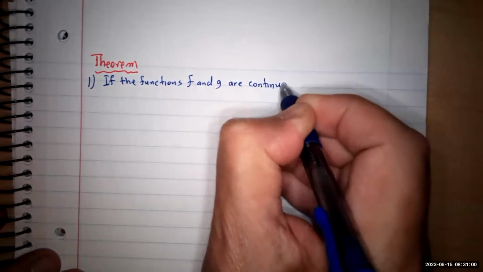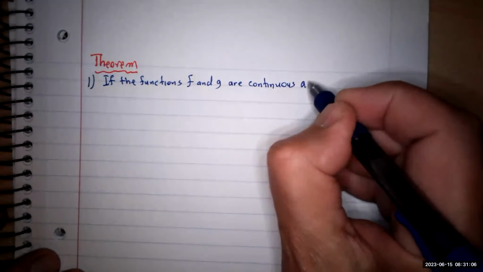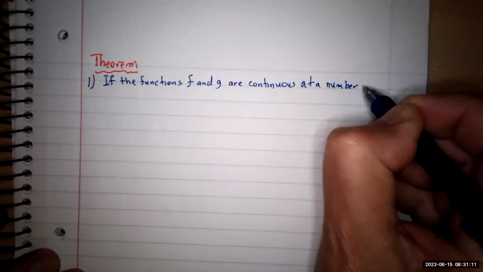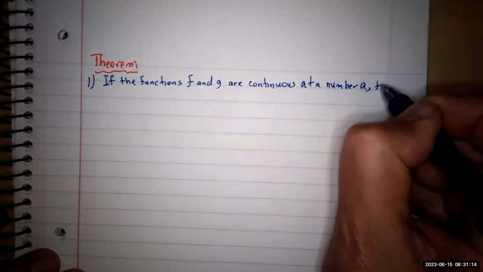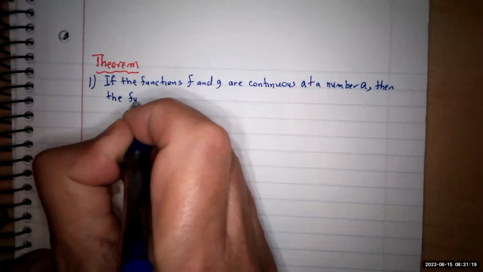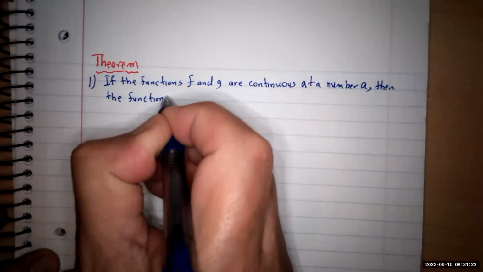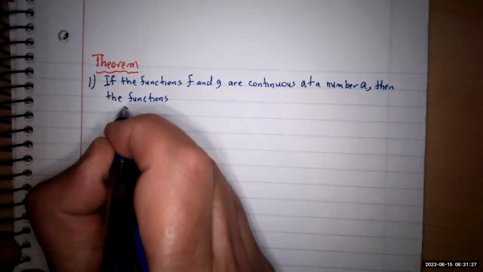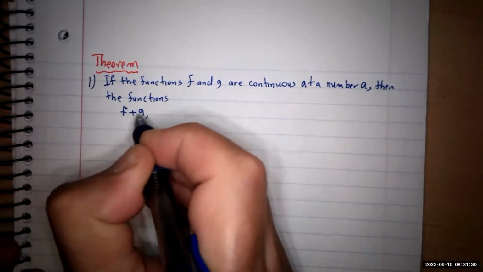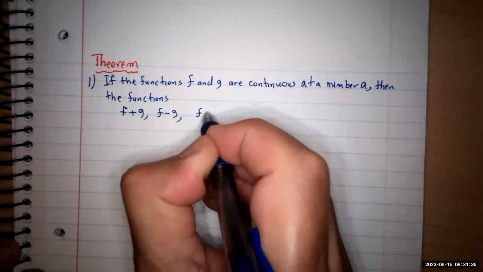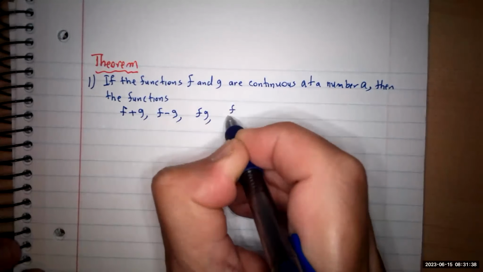at a number a, then their combinations, the functions f plus g, f minus g, the difference, f times g, the product, f divided by g, the quotient.